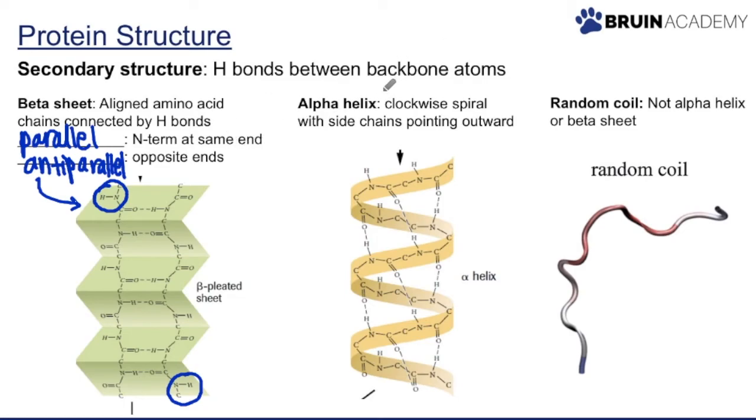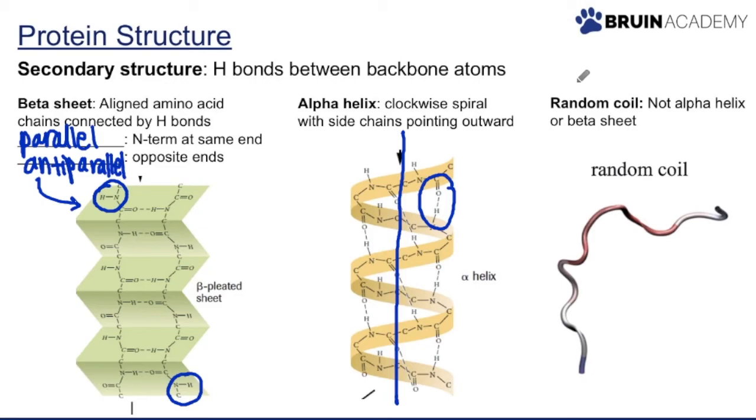The second type of motif is an alpha helix, and this is really distinguishable by this clockwise spiral here. The side chains point downwards, and here we still have those hydrogen bonds between the backbone atoms. If you imagine there's an axis going vertically down, these hydrogen bonds follow the parallel axis of the alpha helix.